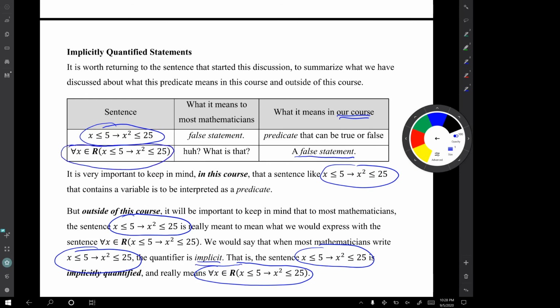So we distinguish between these two things. For us, they don't mean the same thing. The first is a predicate that can be true or false, and the second is a statement that's definitely false. Whereas most students of math would look at this and say, oh, that's false, and they don't know about this idea down here.